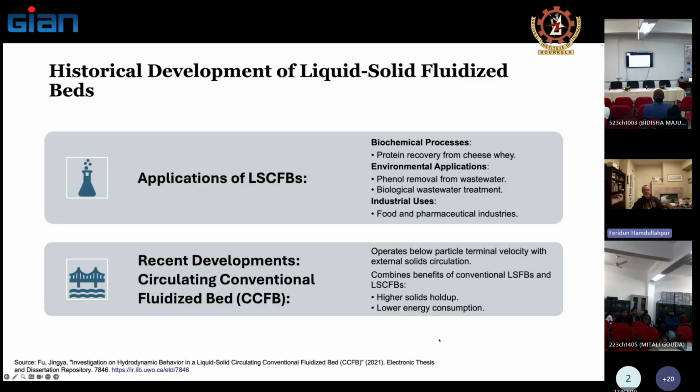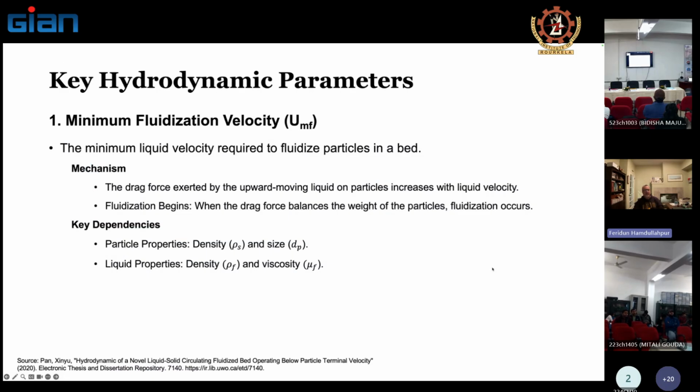So just for a second, again, liquid-solid fluidized bed, some further applications in chemical processes. I mentioned these, all of these that you already know.